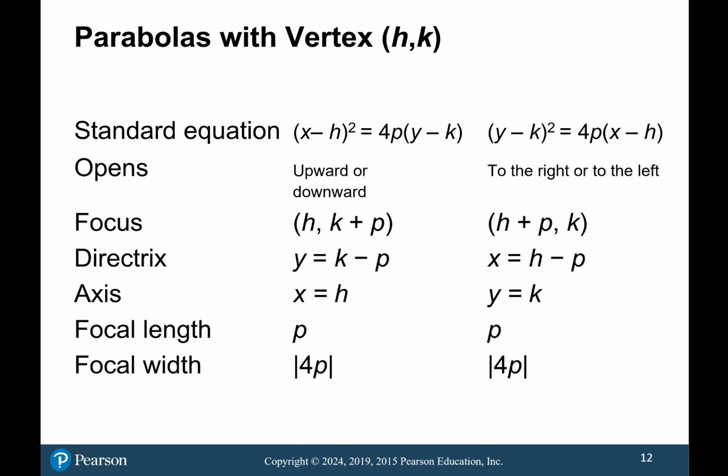We're still going to use that 4 times p to emphasize finding where the focus is, finding where the directrix is, finding that focal length and focal width. We're going to have to do some factoring, though.